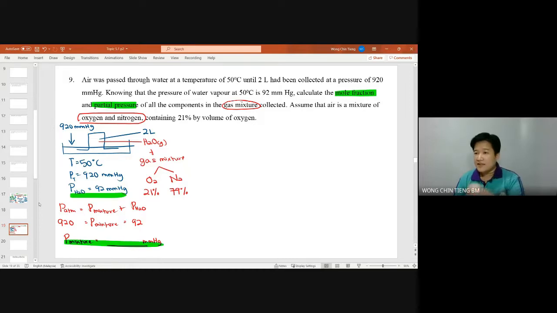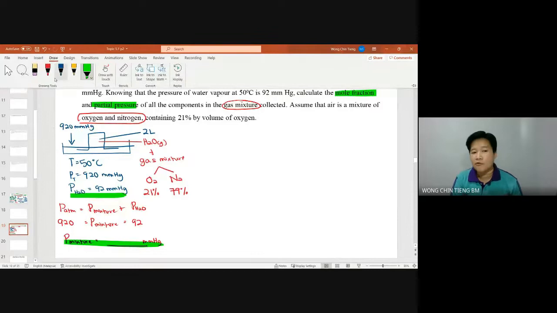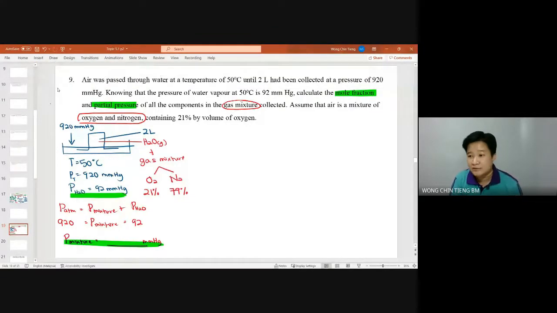Soalan tanya mole fraction dengan partial pressure dalam soalan yang sama. Tak ada Roman 1, tak ada Roman 2. Tak ada urutan soalan. Jawab je mana-mana pun. Boleh nak jawab mole fraction dulu pun boleh, tapi panjang lagi solution kamu. Dia sebenarnya akan jadi lagi senang bila kamu cari partial pressure terlebih dahulu.